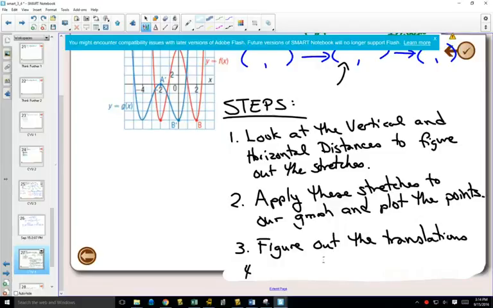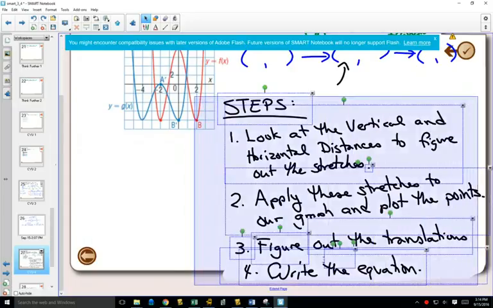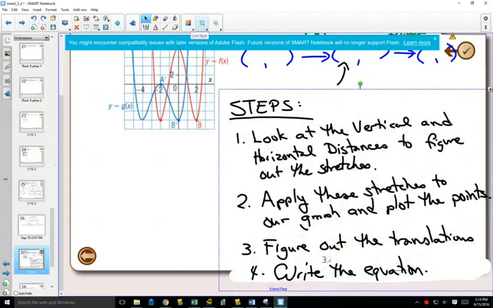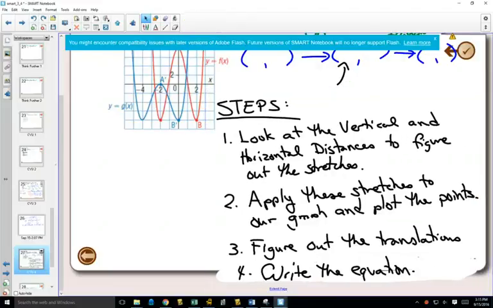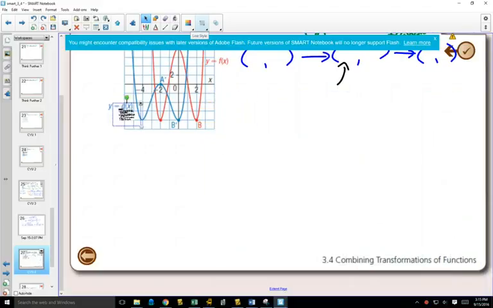And finally, step 4, we can write the equation. Going to make them smaller so you can still read them.